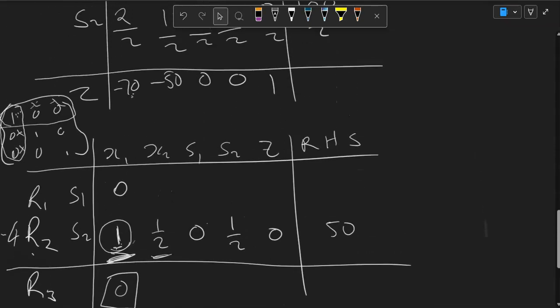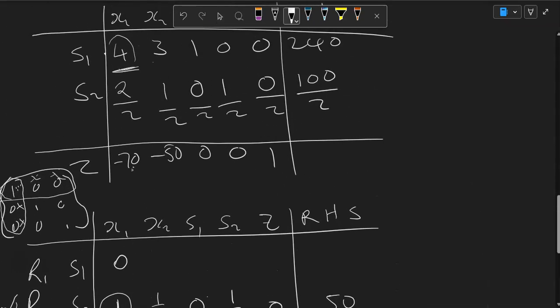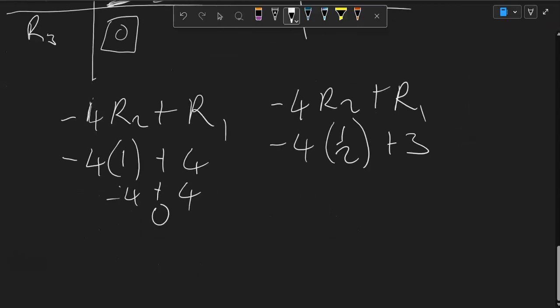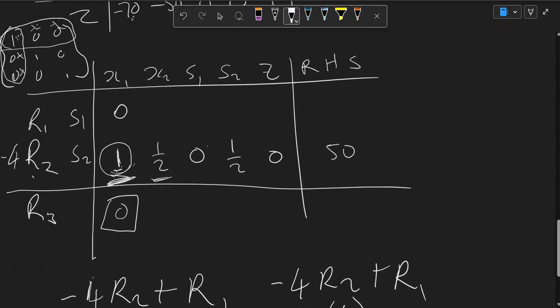What is the value of R1 in the second place? Second place has a 3. So let us input a 3 there. So we're going to have negative 4 multiplied by half is negative 2 plus 3, which will give us a positive 1, isn't it? So we are putting a 1 here.